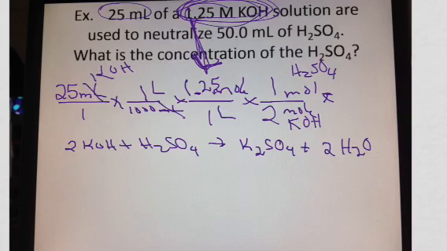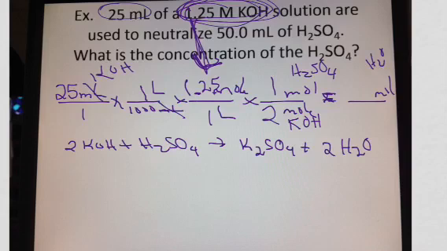And then what I do is I go ahead and get an answer here of how many moles of H2SO4, and then I do use the molarity formula to find the concentration. So 25 divided by 1,000 times 1.25 divided by 2.